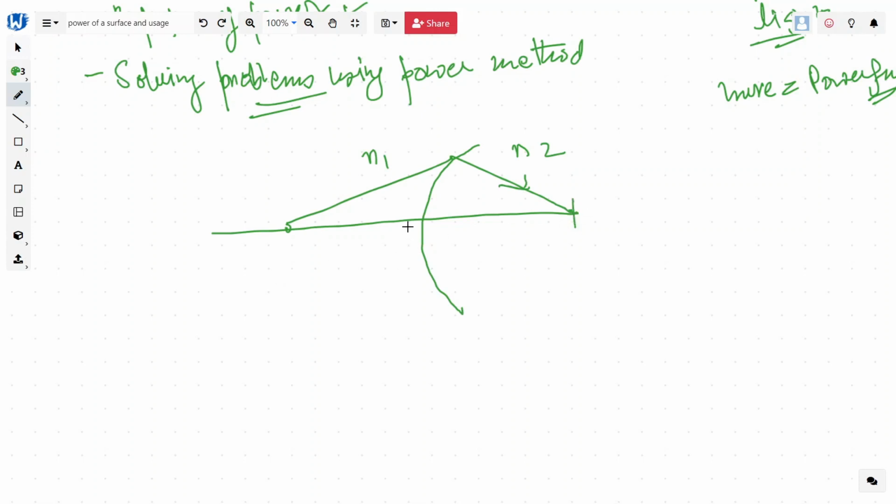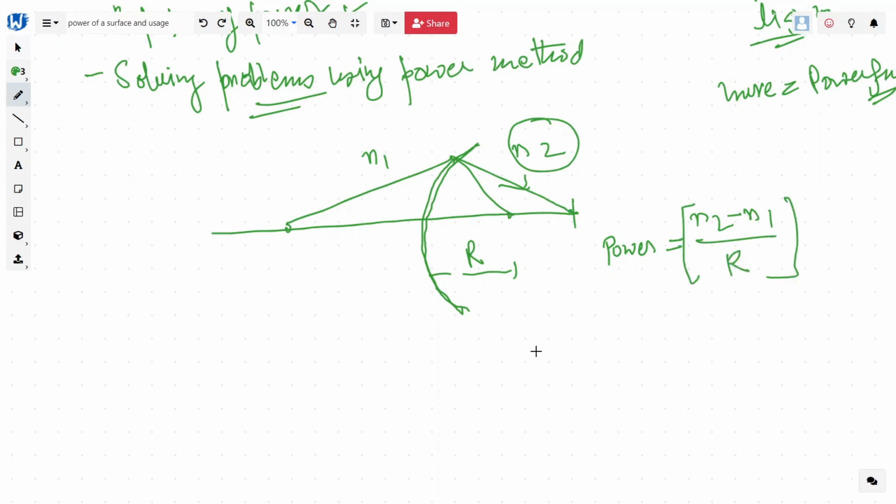Let's say the radius of curvature of this refracting surface is given to be R. Then the power of this surface is defined as n2, the refractive index of the refracting surface, minus n1, the index in which this surface is, divided by R with proper sign convention.